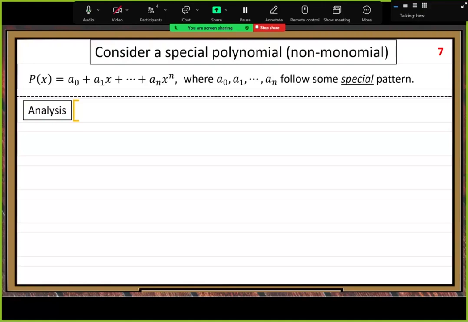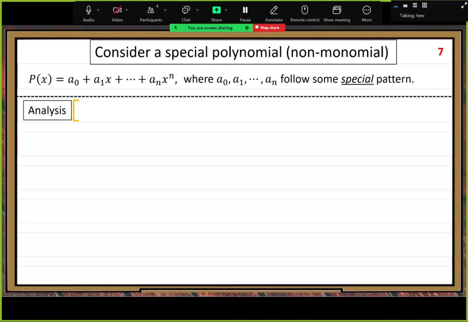Because I said that the polynomial has n terms, and a monomial has only one term. I said given a polynomial with n terms, so it must be a polynomial. So here, a non-monomial polynomial.